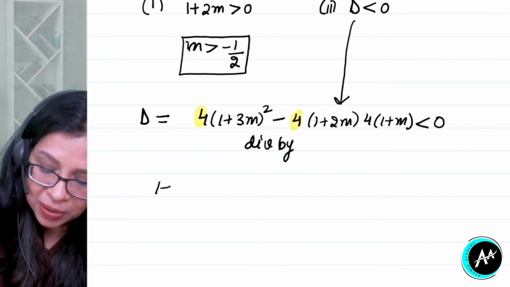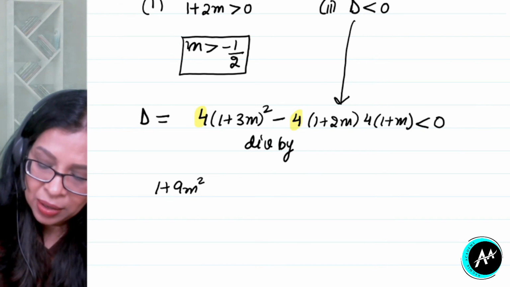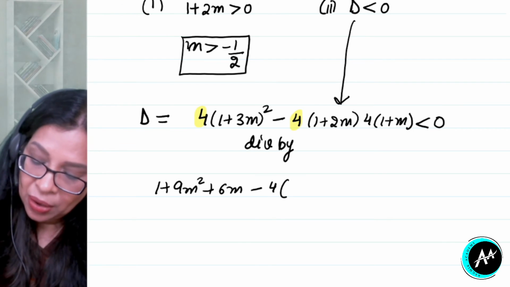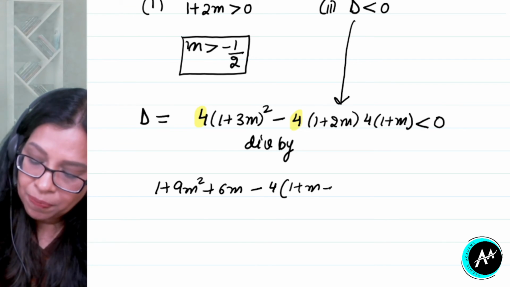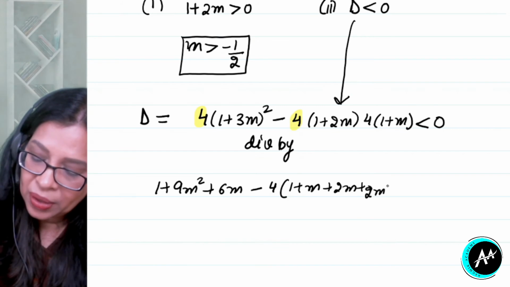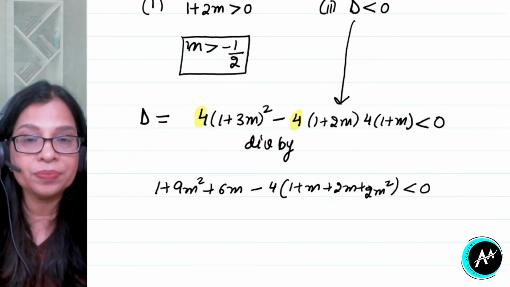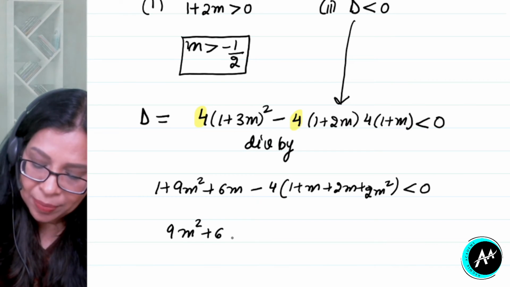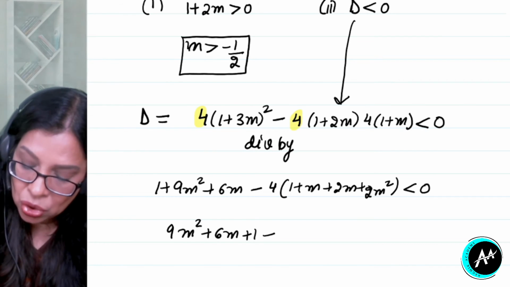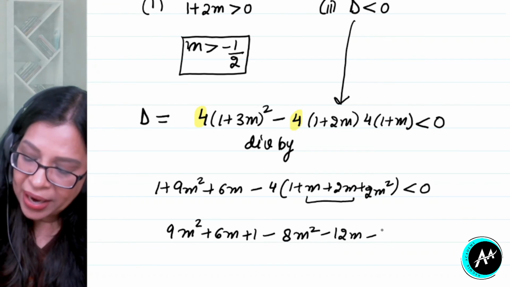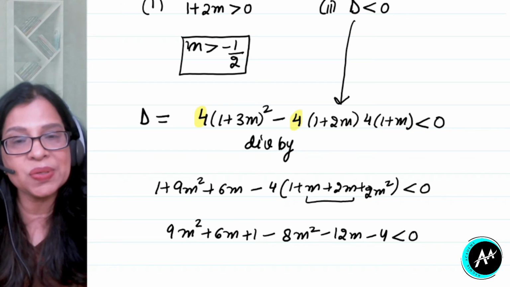I have 1 plus 9m square plus 6m minus 4 times 1 plus m plus 2m plus 2m square is less than 0. Let's simplify. I have 9m square plus 6m plus 1 minus 4 2s are 8m square. Now look here, this would be 3m. So minus 12m minus 4 is less than 0.